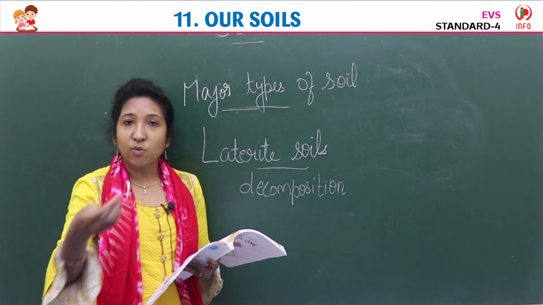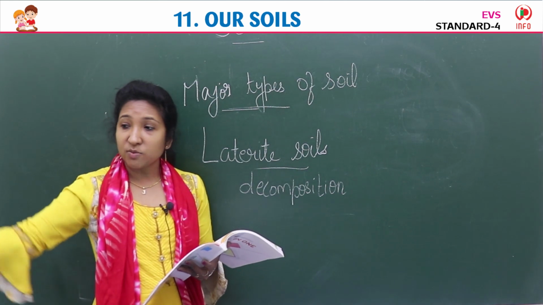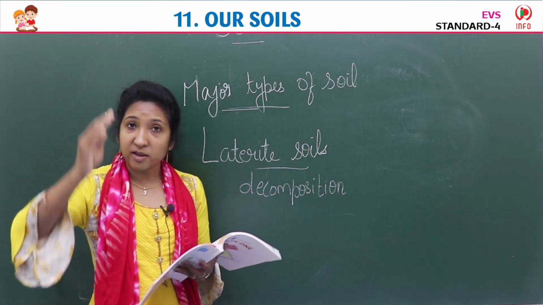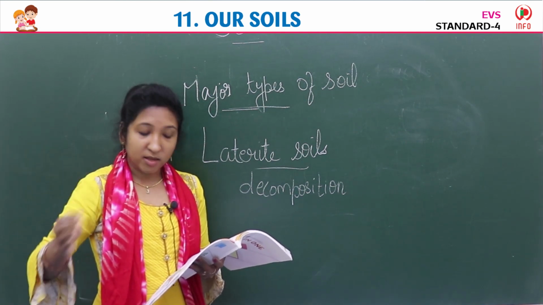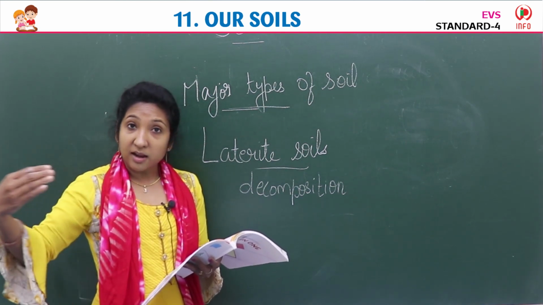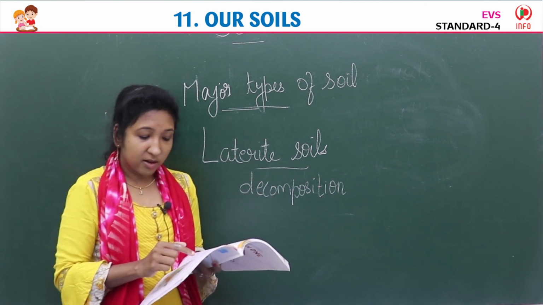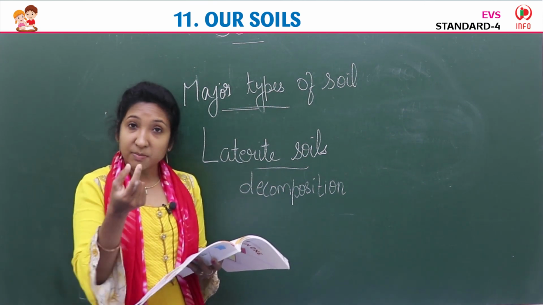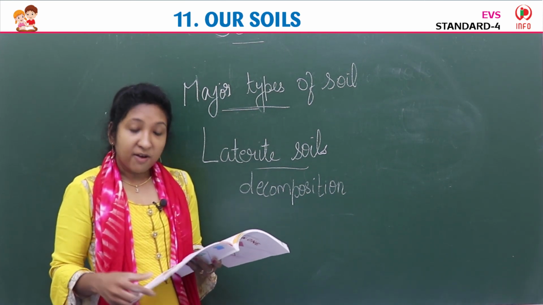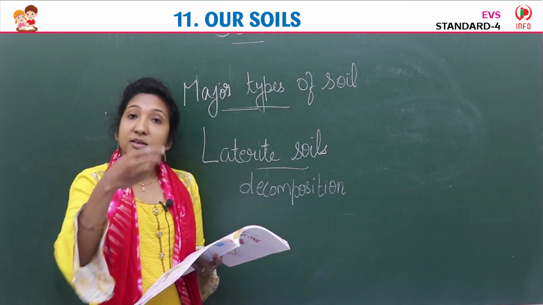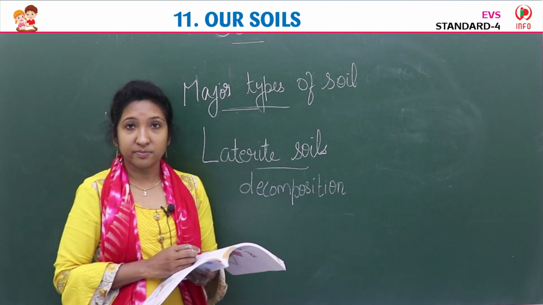After washing away, because of heavy rainfall, many things will be washed away along with the soil. And when the rain stops, we get some remaining parts of iron and aluminium over there. Because of high temperature and rainfall, this black soil converts to laterite soil.